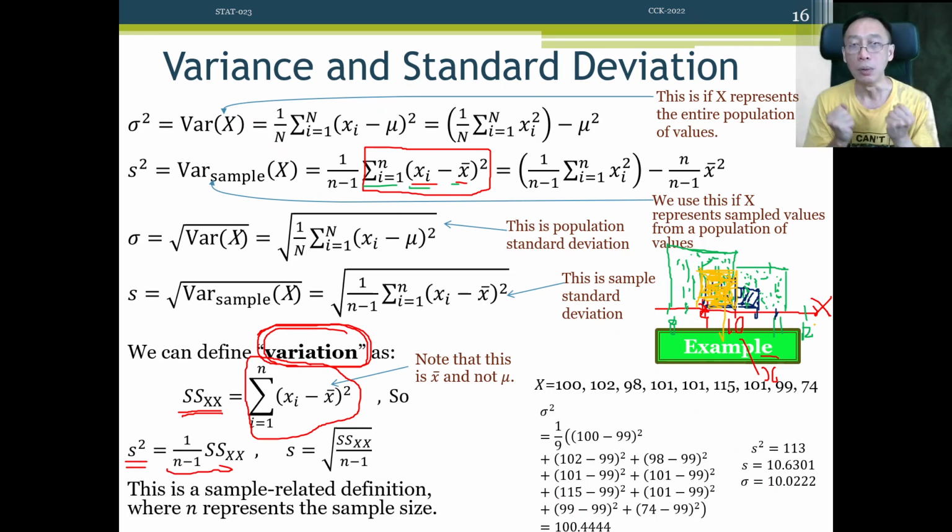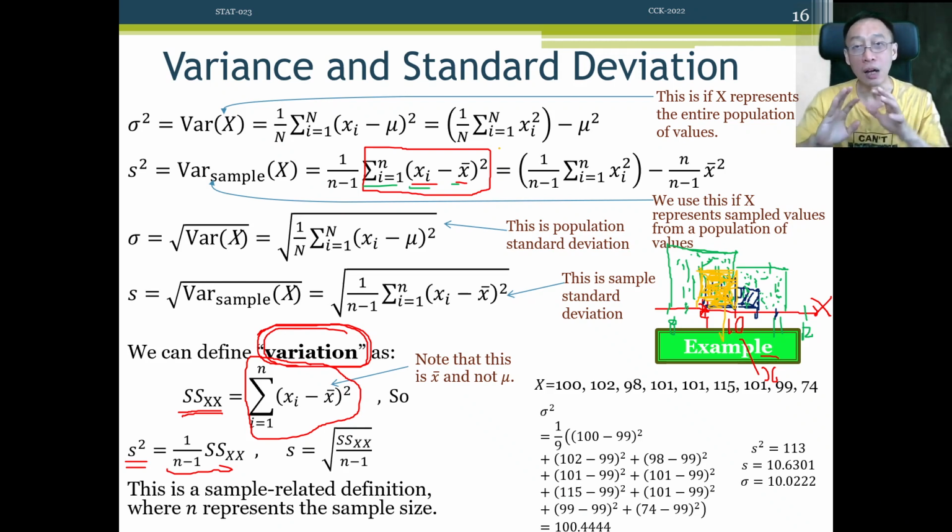Another point, sort of a secret technique I use, is how to remember all the notions of symbols. How do I remember all these? There's only one simple rule. All the Greek alphabets denote the measures, parameters, attributes, values related to the population.